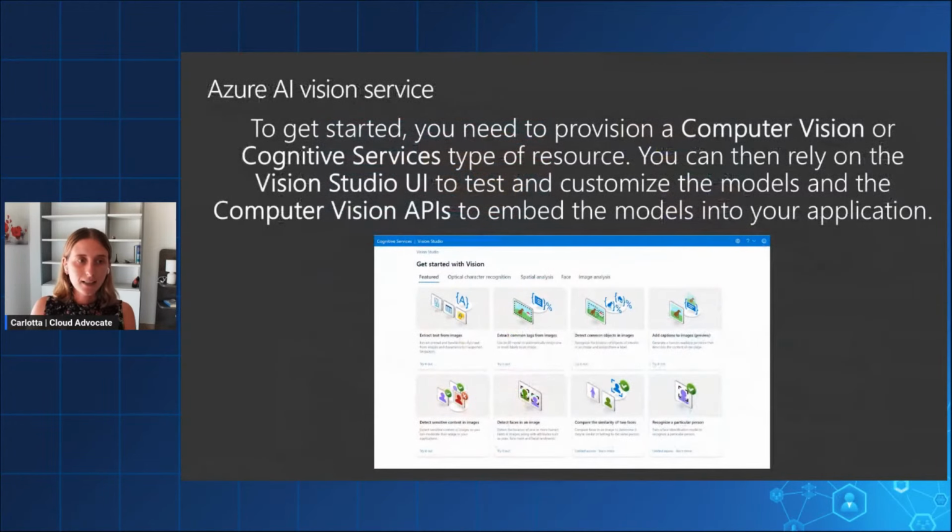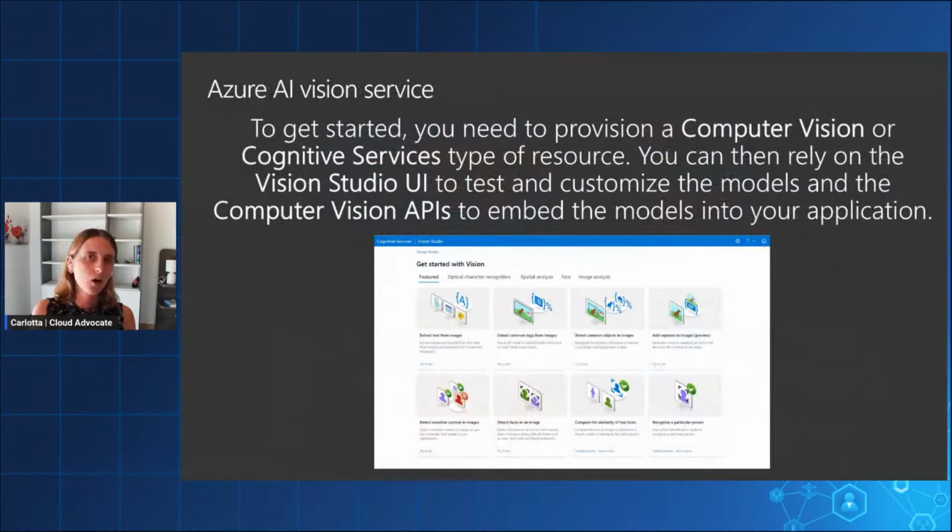But to get started with Azure AI Vision service, first thing first, you need to provision a computer vision or cognitive services type of resource. In fact, you can provision computer vision as a single service resource. In this case, you are going to choose the computer vision resource, or you can use the computer vision API in a multiple service cognitive services resource, depending on whether you need to use a single service in your solution.